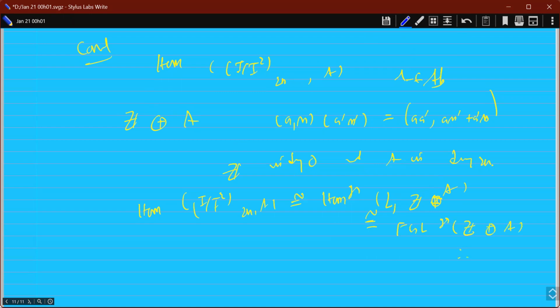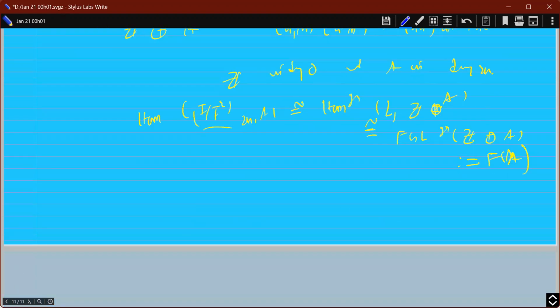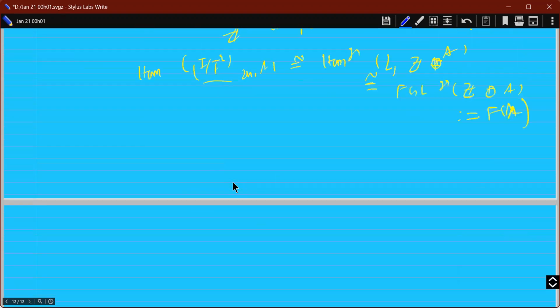So we get this functor, maybe F. For this we just need the functor. And so if our group law over this ring would be, how would it look like?